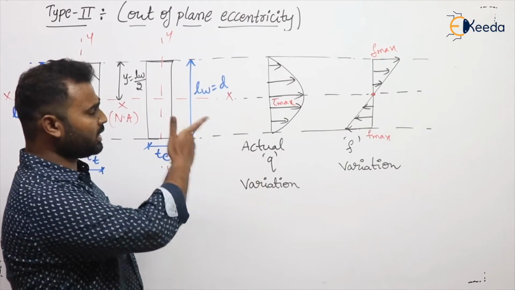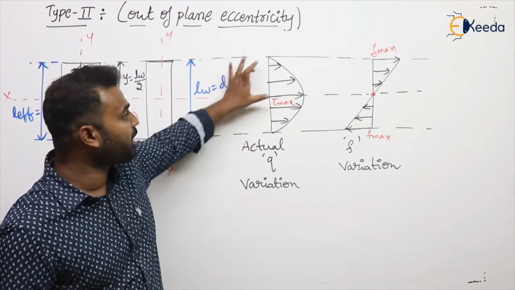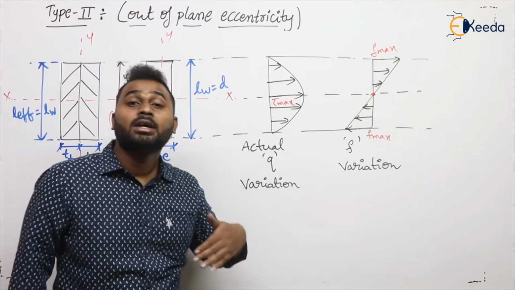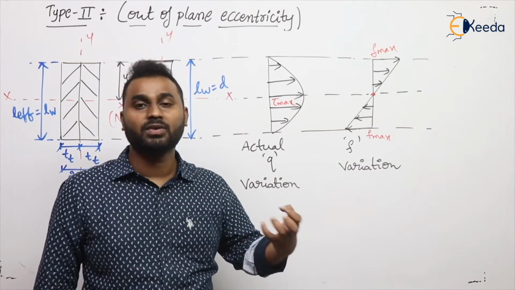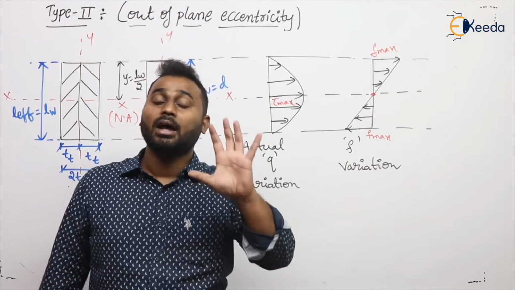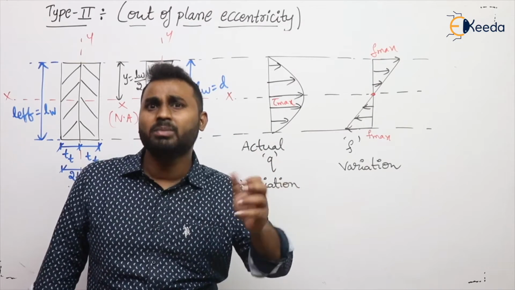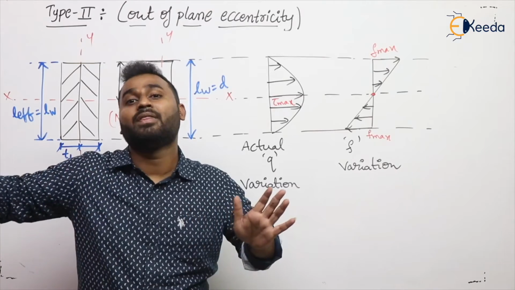Okay, before that, a small discussion here, a small point here. This is the actual shear stress variation, which is parabolic in nature. Hence, it is very difficult to use in analysis. Whenever we are carrying out the analysis, all the parameters should be constant. Then only analysis will be easy, or else it will be very lengthy or complicated.